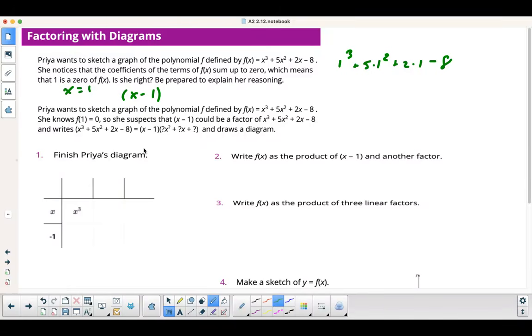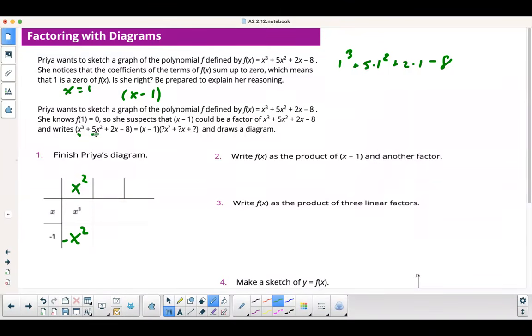So we know that this is going to have to be x squared. We put the lead term right here. So that was x cubed. And then I know that x times x squared is going to give me x cubed, and negative 1 times x squared is negative x squared.